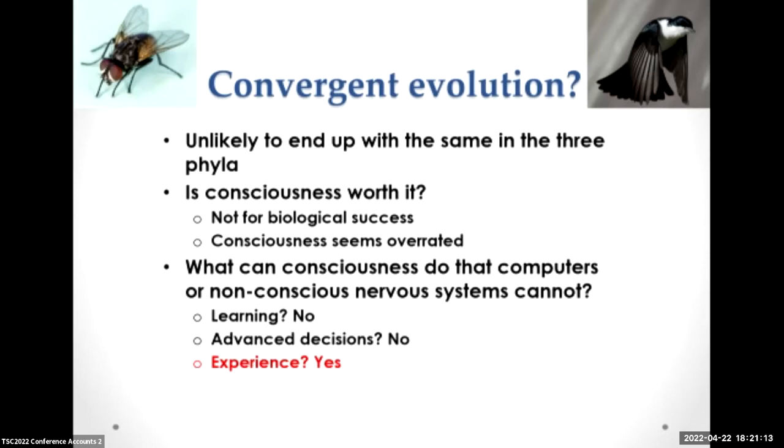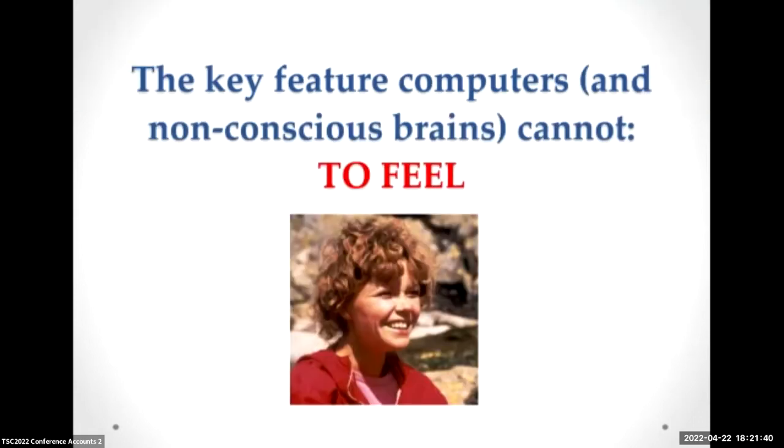But there's one thing you cannot do, and that is causing experience. You can program a computer presumably to simulate having experiences or feelings, but it won't have any experiences or feelings. At least in my mind, it won't or cannot have. So there must be a reason why this particular type of strategy for making decisions did evolve.